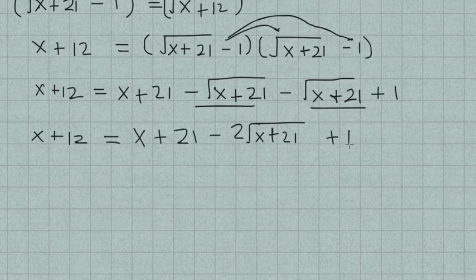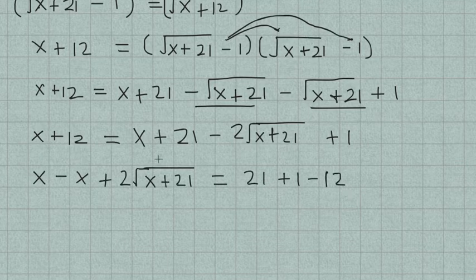Now the equation looks a whole lot better. Now I'm going to collect the like terms. I'm going to move the expression that has x to the left hand side and the constants to the right hand side. So from here we have the x here and this x here.